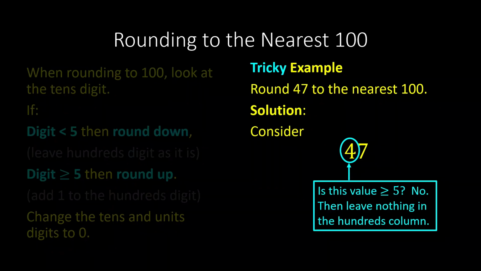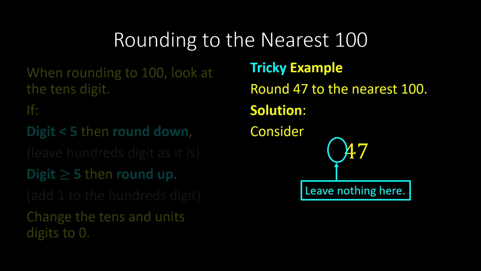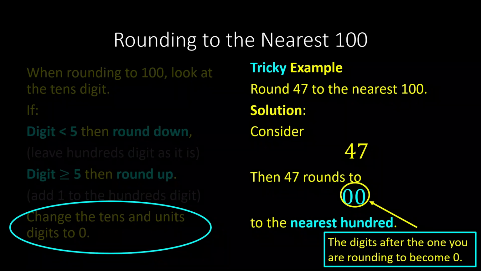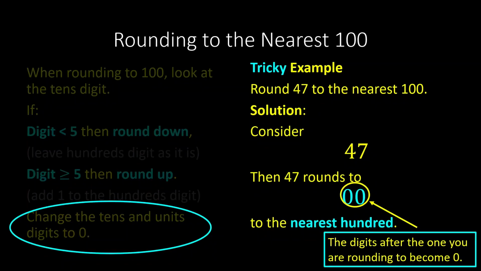We don't add 1, we leave it as it is. And therefore 47 rounds to 00 to the nearest 100. Notice that the digits after the one you are rounding to become 0. And clearly we don't actually write 00 in real life, we just write a single 0, as shown here.